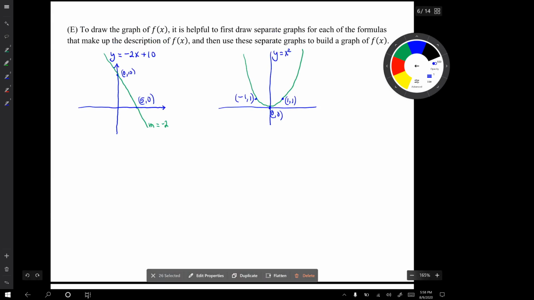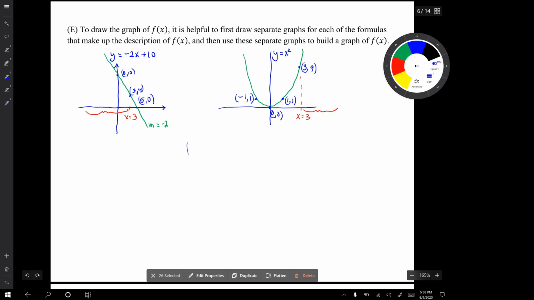So this graph goes through the point 3, 4. This graph goes through the point 3, 9. All right, so we have to build a graph of f of x by using the left chunk of this graph to the left of x equals 3, and the right chunk of this graph to the right of x equals 3.